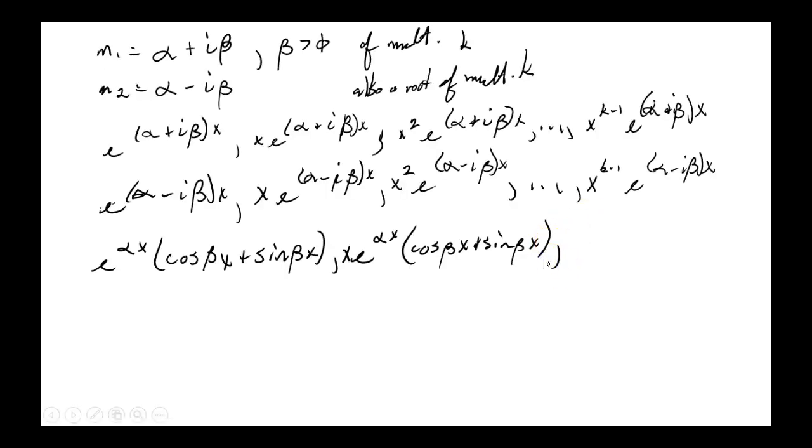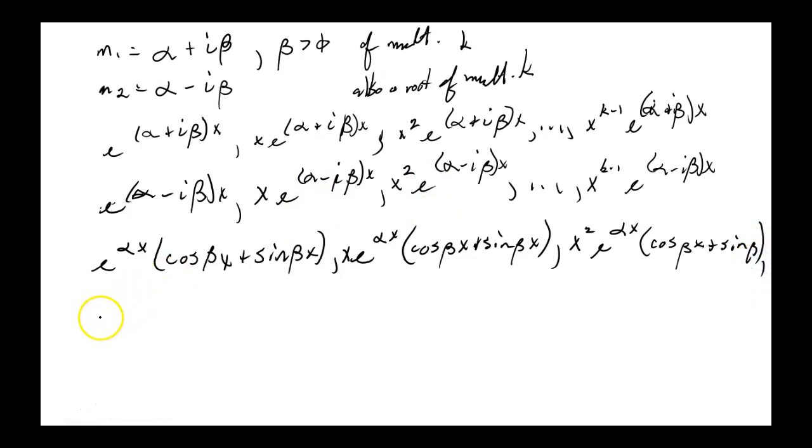Okay? The third one would be x squared e to the alpha x times cosine beta x plus sine beta x. So each of these represents the pairings like above, okay?